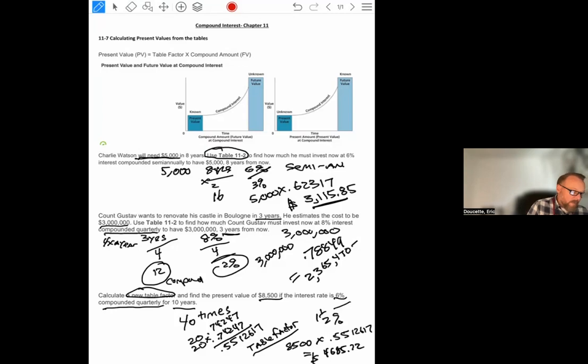So again, how much would I have to invest today? What is the present value of 8,500 at 6% interest in 10 years compounded quarterly? The present value today of that is $4,685.72. So I was able to do the table factor.